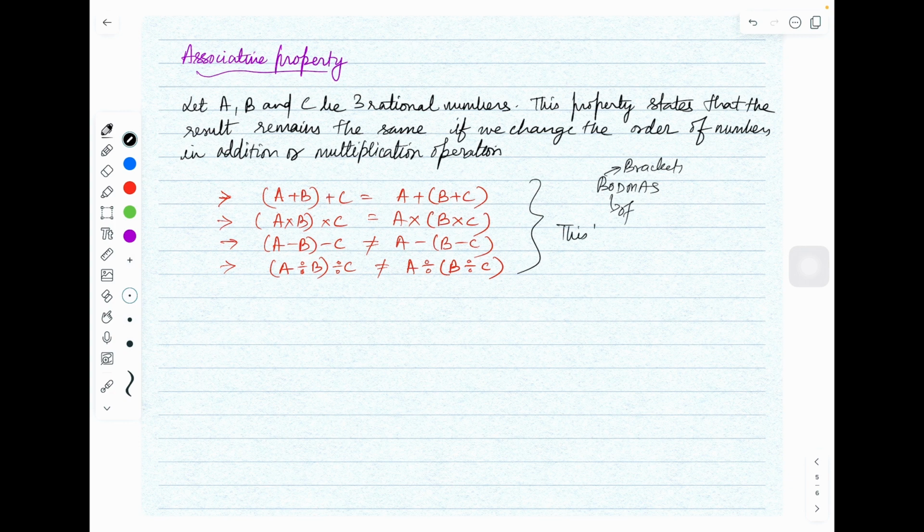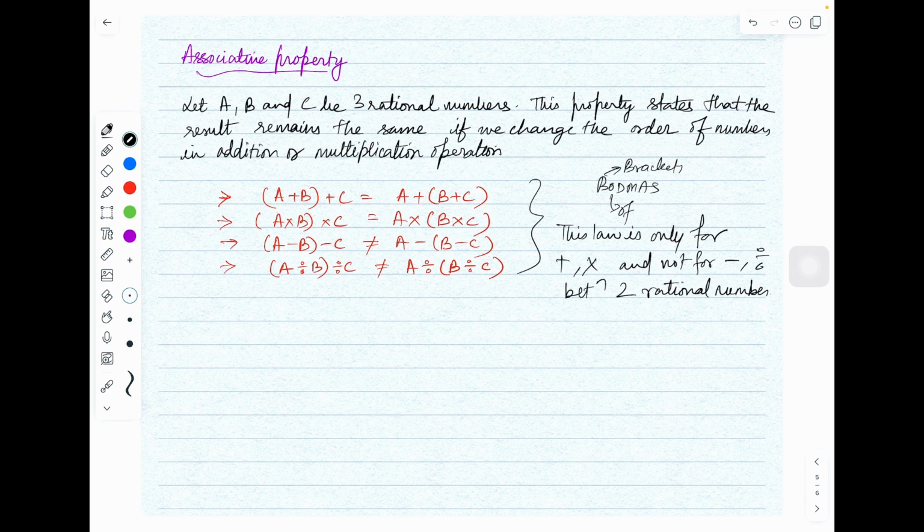This law is only for addition and multiplication and not for subtraction and division between two rational numbers.